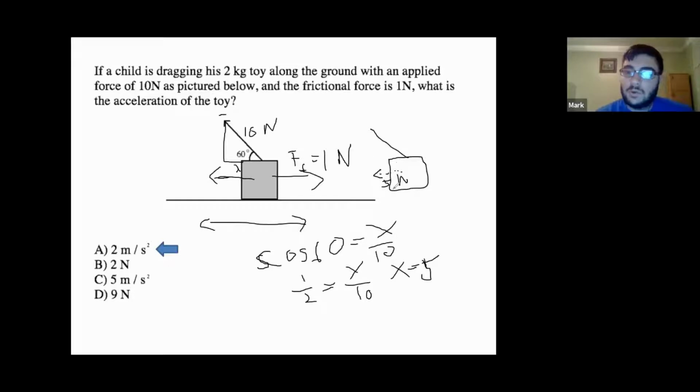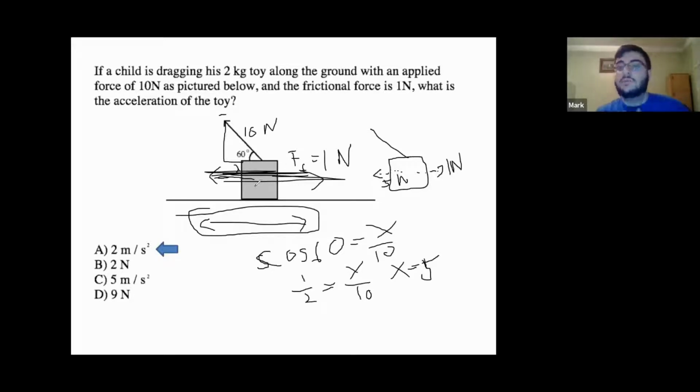So we know that he's pulling on it with 5 newtons of force, but he's also being opposed by 1 newton of friction, right? So we want to find out what the total net force is in this x plane, along this direction. So from here to here, we want to find out what the net force is in the x direction.